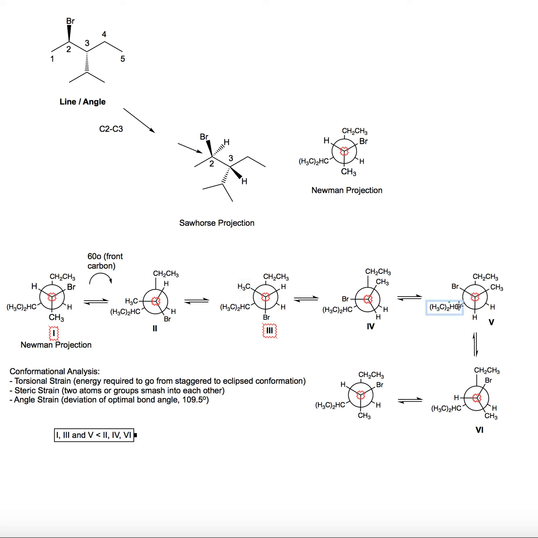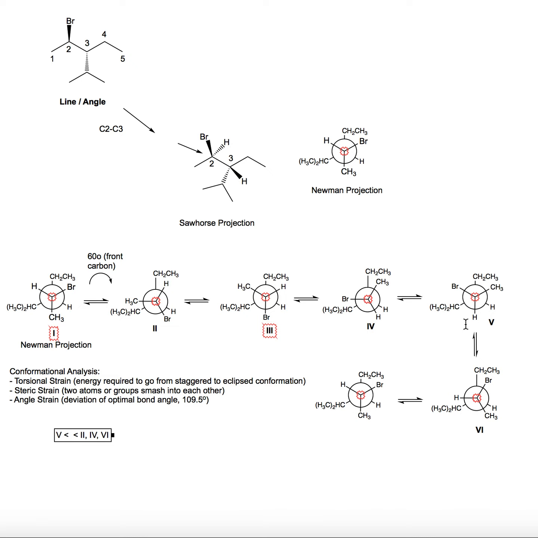And number 5, you can see again the largest group is now having static strain with the bromine, which is smaller as compared to CH3. Okay, so I would say here that number 5 will be the lowest energy conformer.